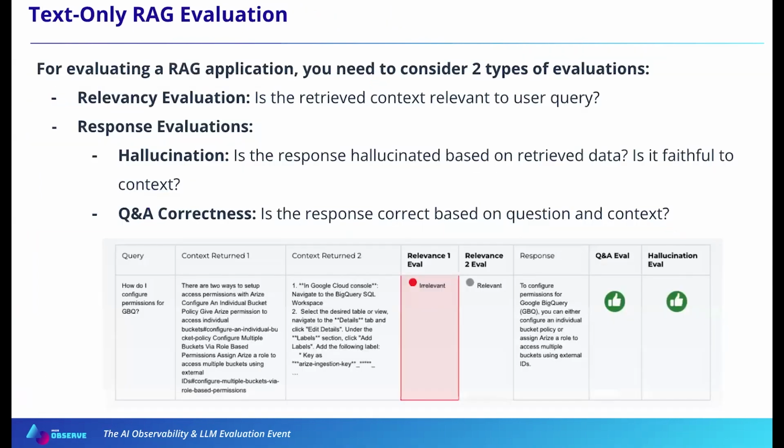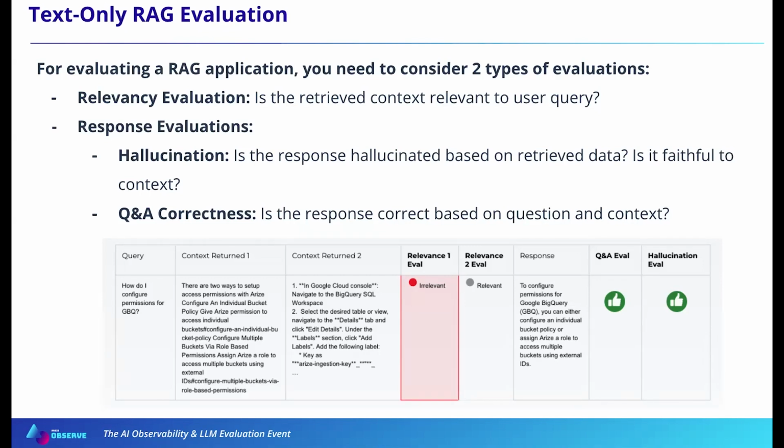But when it comes to a RAG application with a single modality, there are actually two types of evaluations, right? The first one is what we just described, which is the relevancy evaluation. Here you're trying to understand, is the retrieved context relevant to the user query? The second type of evaluation is the response evaluation, where you can check hallucination and correctness, right?